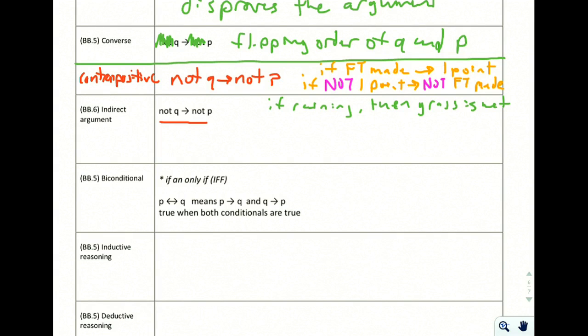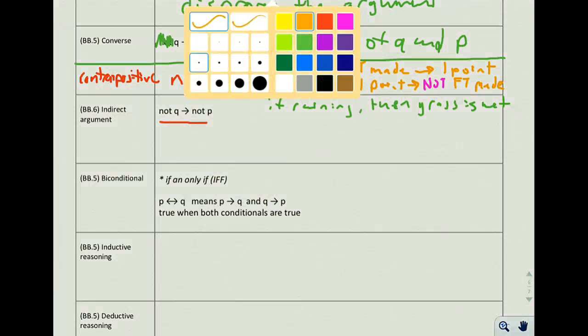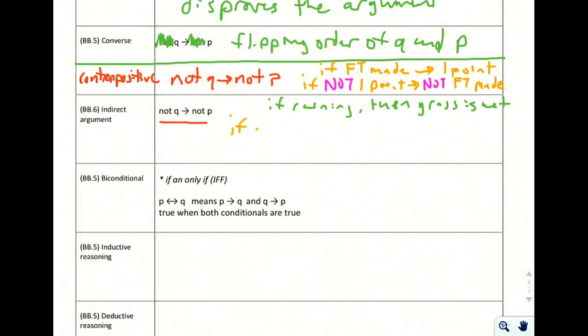The indirect argument would be to say, let's flip it: if grass is not wet, what does that imply? That implies it is not raining. So the indirect argument would be to say the grass is not wet, therefore it is not raining. That proves the same thing as saying if it is raining, then the grass is wet.